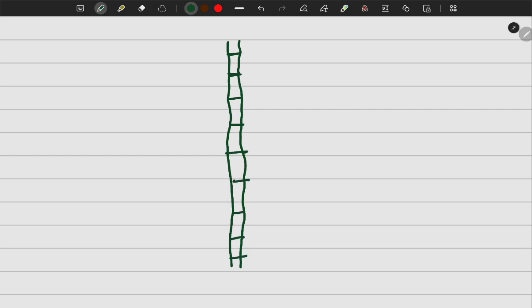Now what is a node? Node is the part of the stem from where the leaves arise. So if leaves arise from here on the stem, then this part is a node. So all these parts are the nodes. The leaves will arise from here.